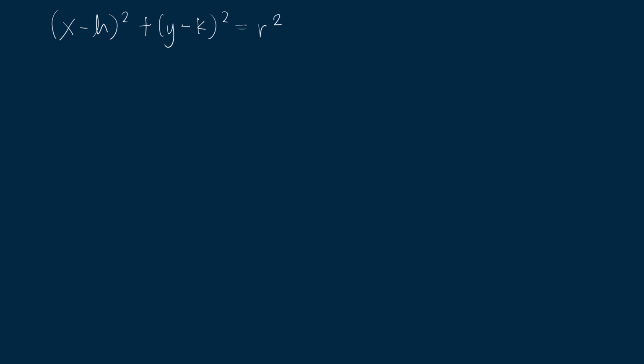Now, based on the given that the coordinates of your center is (-3, -1), and your radius is square root of 6 units, we can substitute now the coordinates of the center and the length of our radius on the given standard equation to finalize our answer.